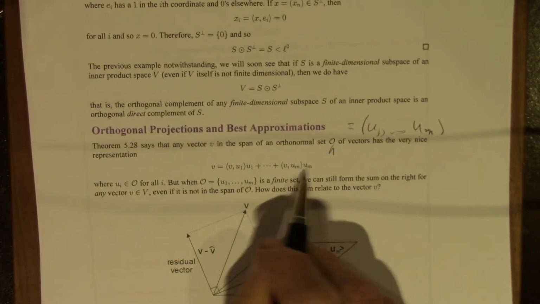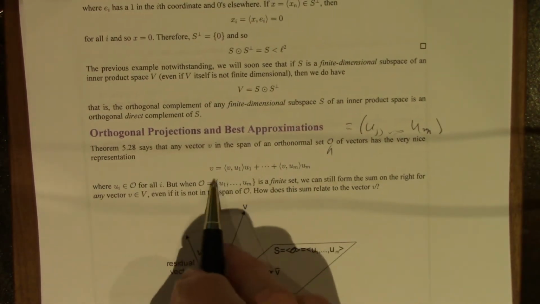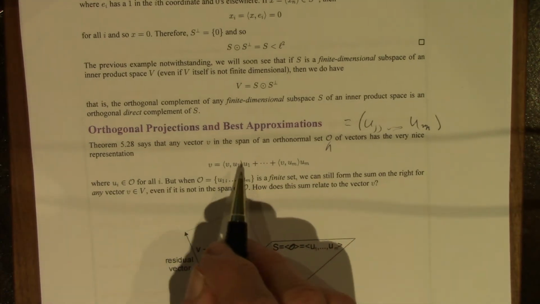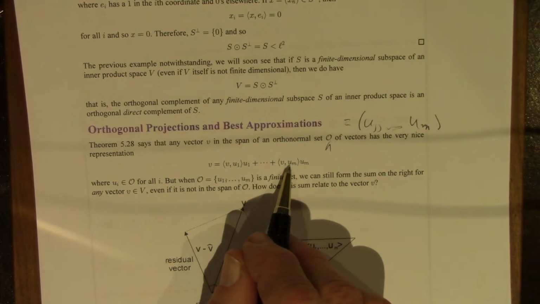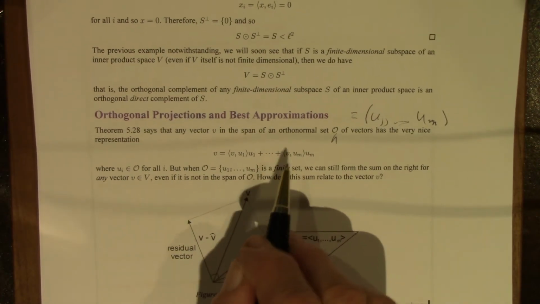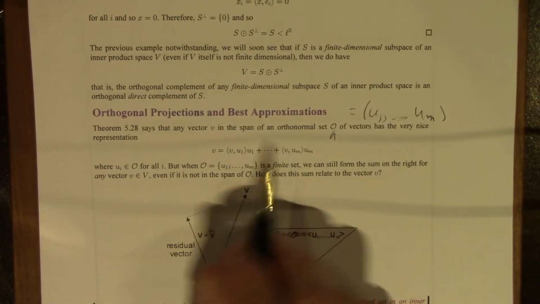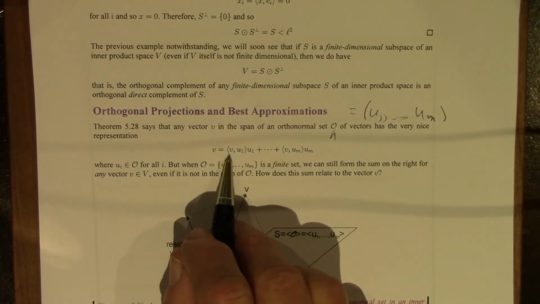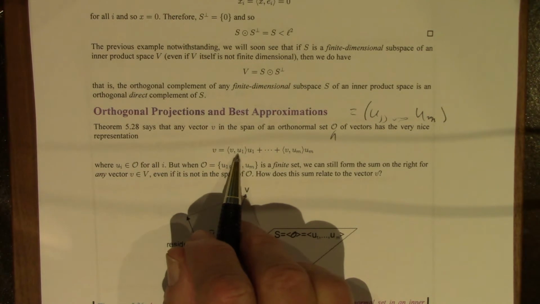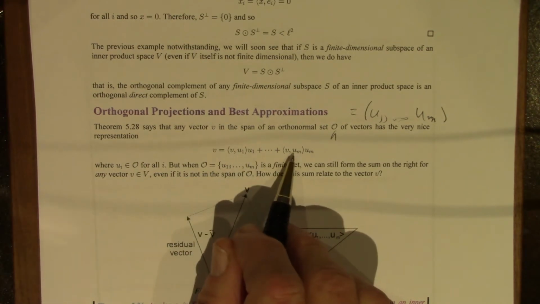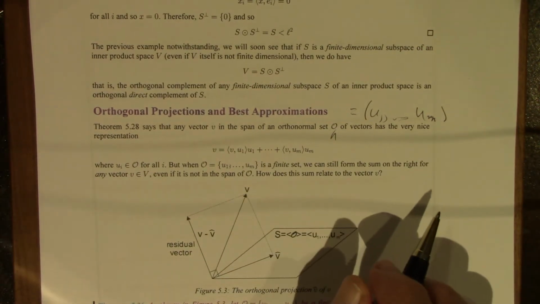This is what the expansion looks like. The point here is that the coefficients in the expansion are very easy, at least in theory, to compute. They're simply the inner product of the vector we're representing with each of the vectors in the orthonormal set.